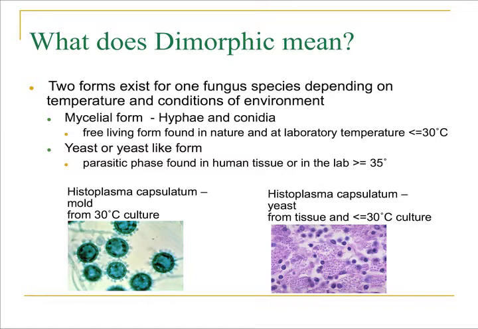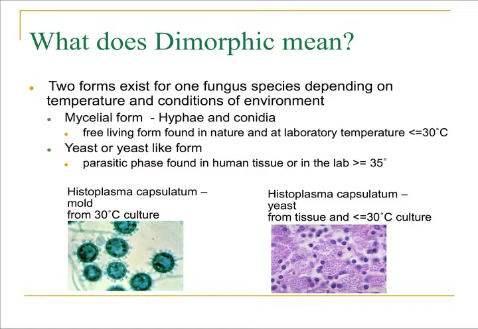At the bottom of the slide, we can show you some of the characteristics of the dimorphic mold, and this displays Histoplasma capsulatum. On the left-hand side, you can see when histoplasma is grown at 30 degrees, you get the mold form. You can see the hyphae and the large tuberculate macroconidia.